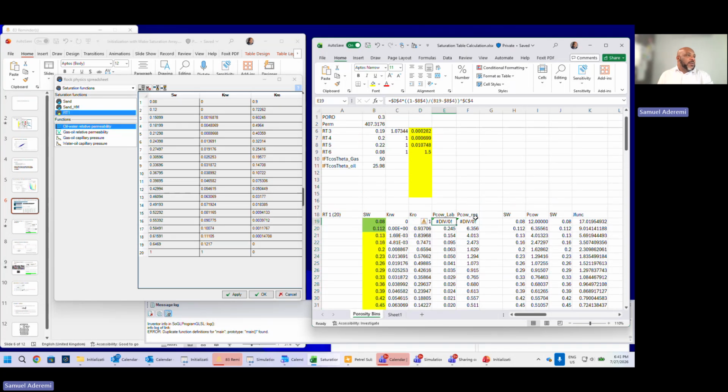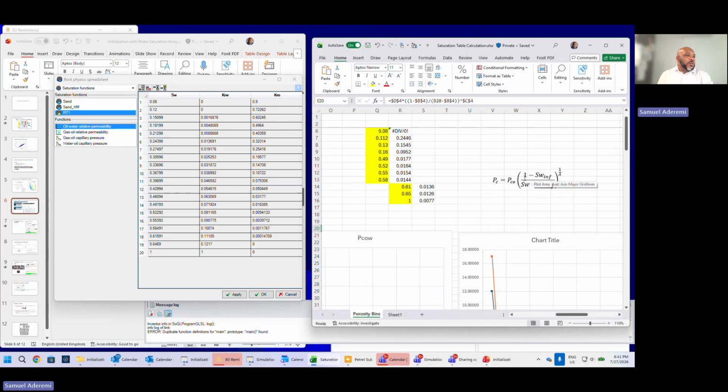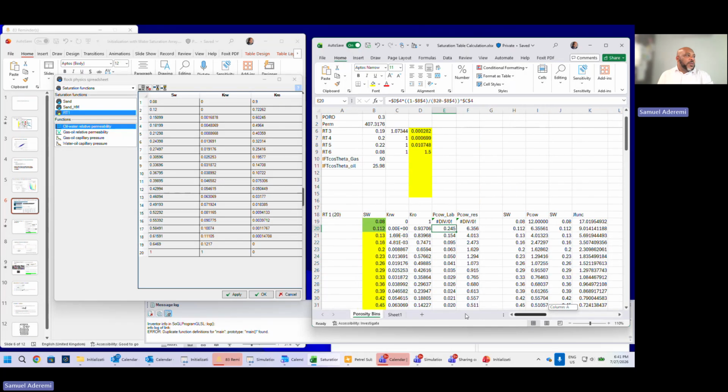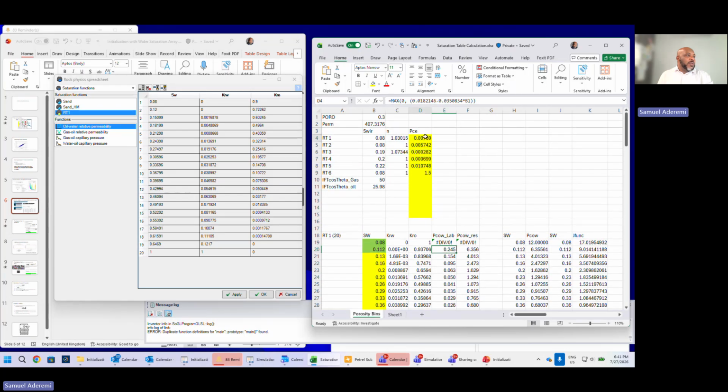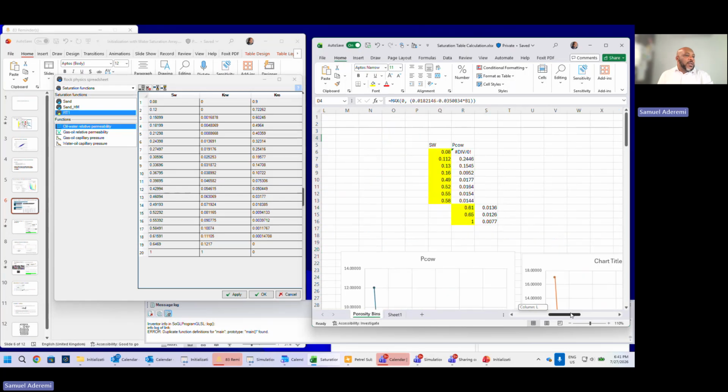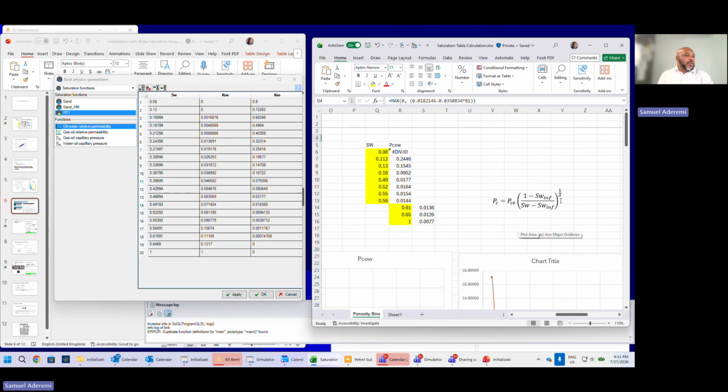So the capillary pressure, usually the first point will be undefined, because it goes really into infinity to high number, but we can always estimate that. But the formula is the same thing as this formula that I've shown you here, which is the entry pressure. And the entry pressure for rock type 1, you already know the value, and into 1 minus SWIR over water saturation minus SWIR.